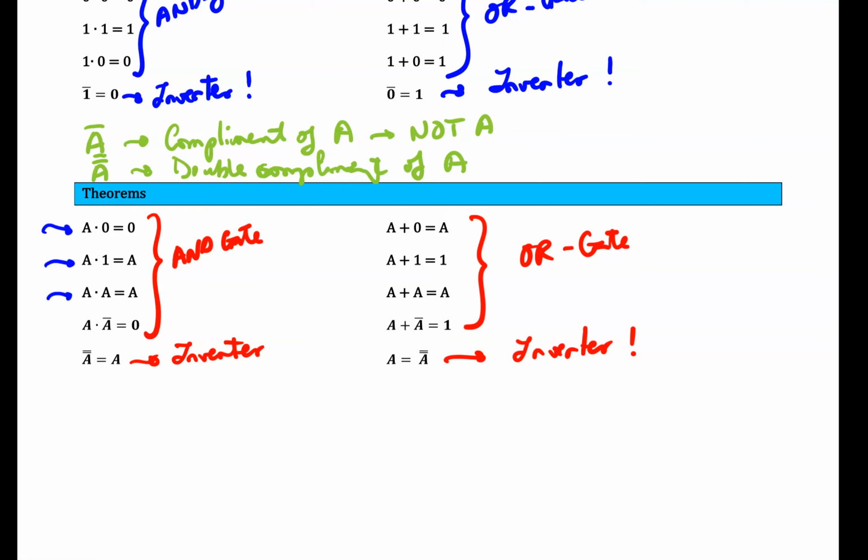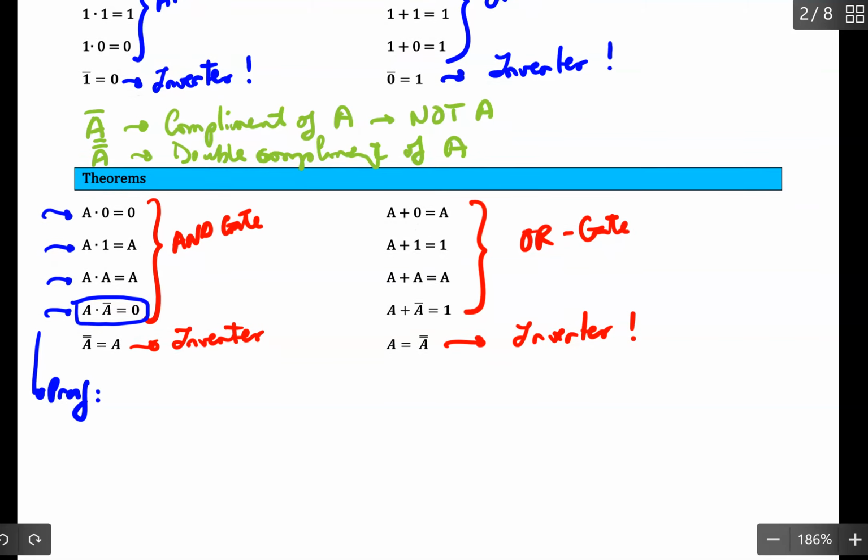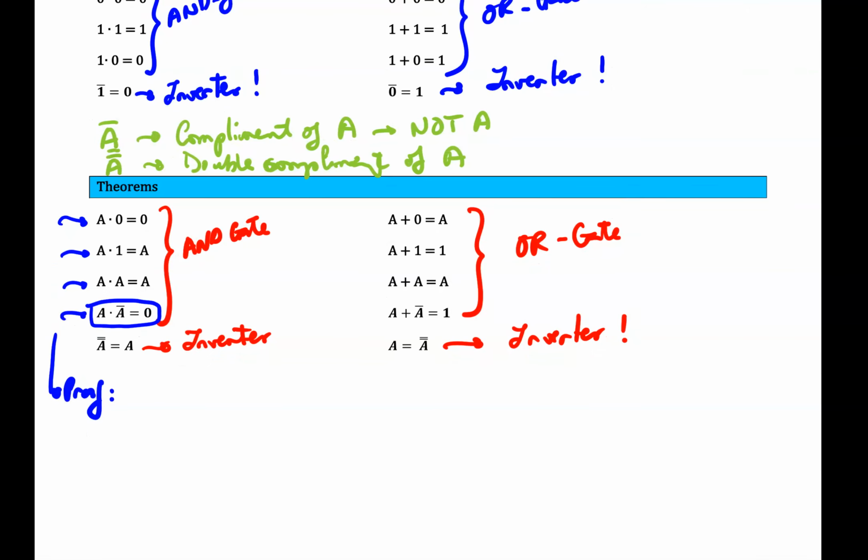Alright? So I would like to prove this for everyone. Okay? So let's prove it here. Before I start, I would like to remind everyone that when providing a proof, we need to convey every single step.